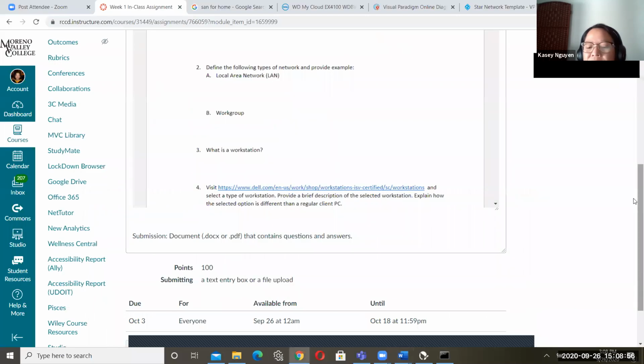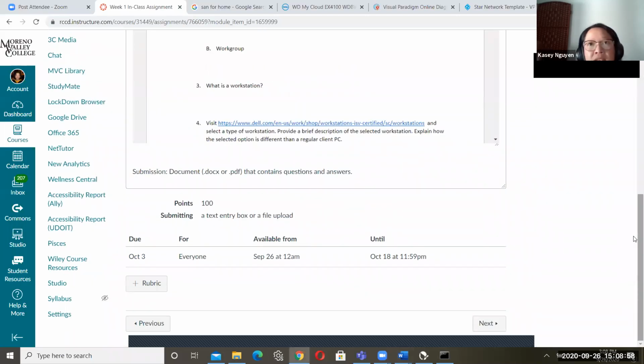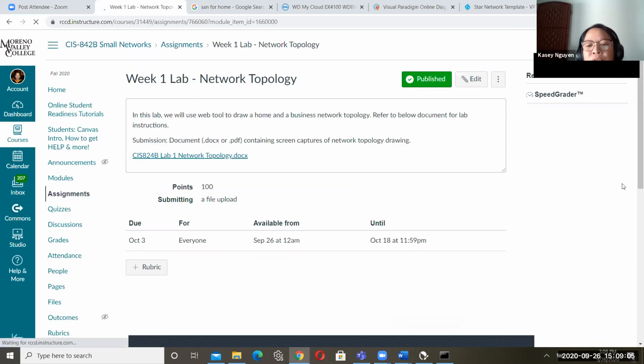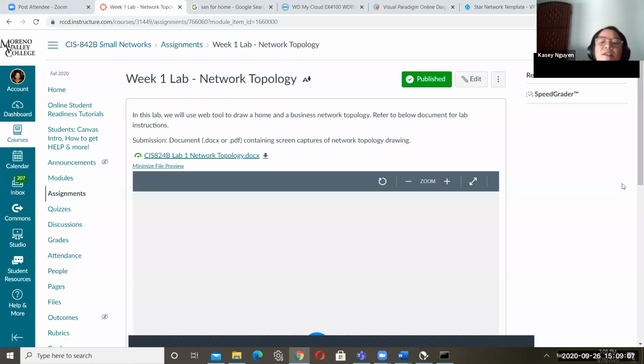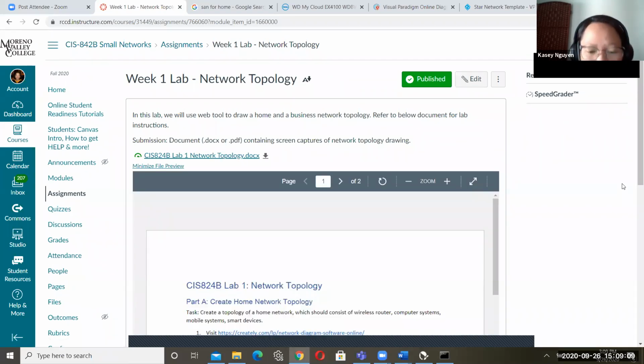So after our assignments, if you complete it today, you can submit it, but it's not due until next Saturday. So it gives you time to look it over if you need to. Okay, so let's have some fun drawing network topology. I think a lot of my networking students, this is their favorite area, besides configuring, of course.